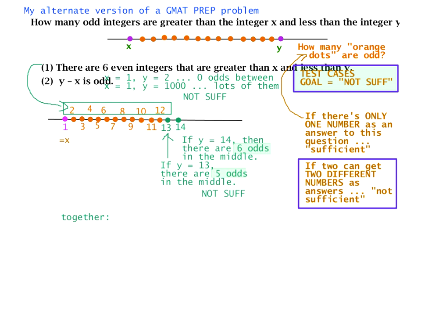More generally, we can just write O's and E's. The boundary numbers like X and Y have to be 1 even and 1 odd. So what you're looking at here is X can be odd, and then you have to have 6 evens in there.